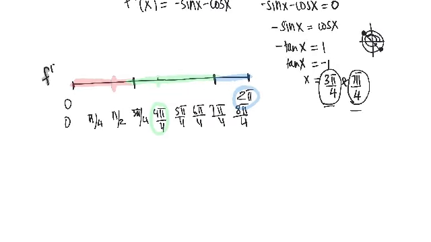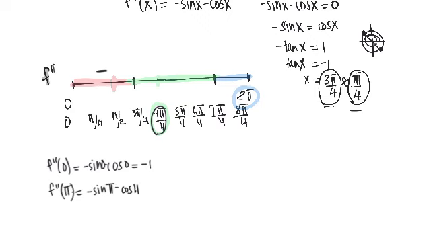So let's see, if I do 0, then f double prime of 0 is minus sine 0 minus cosine 0, and this will be -1, so we're negative here. F double prime of pi, that's this, would be equal to minus sine pi minus cosine pi. Sine of pi is 0 and cosine pi is -1.